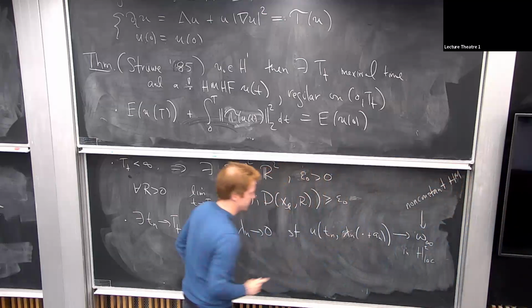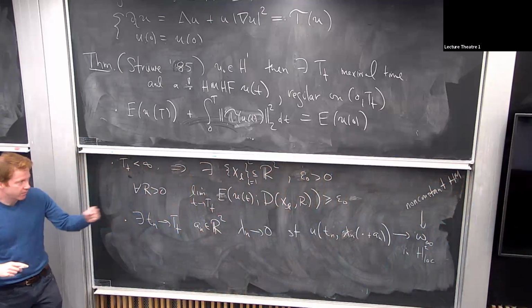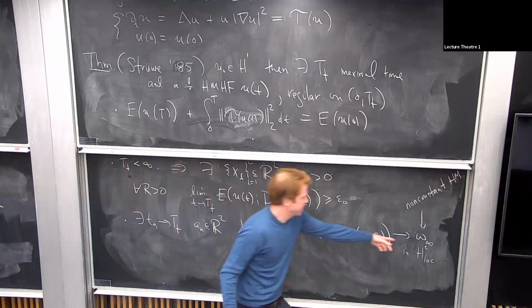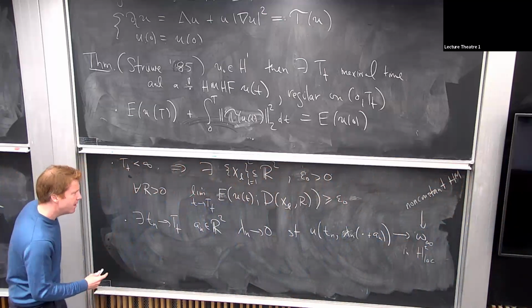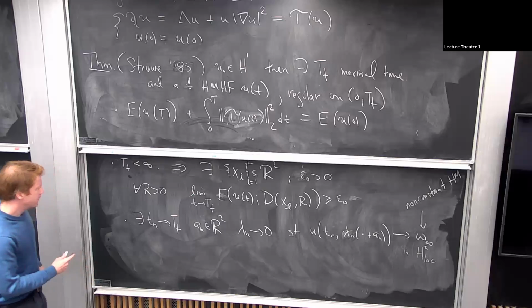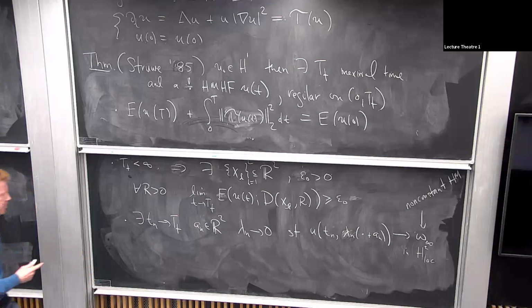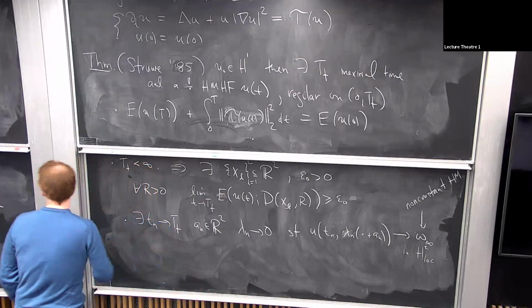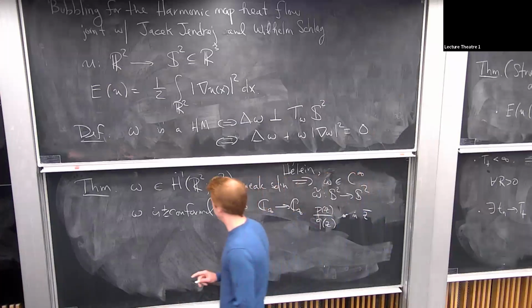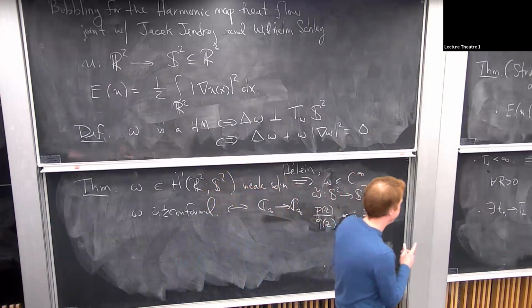So this is what's called a bubble. If I rescale along the flow and zoom in, I see a harmonic map, at least one harmonic map. Okay, so this is the Struwe theory, a beautiful 1985 paper.